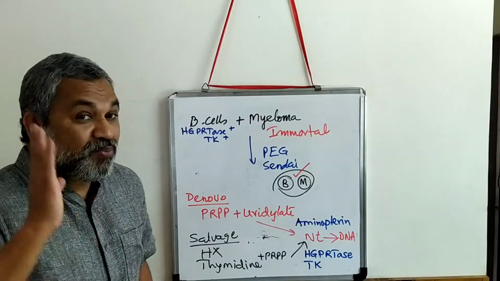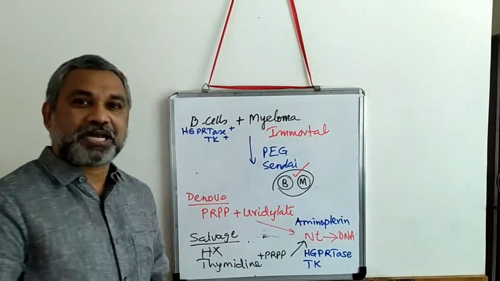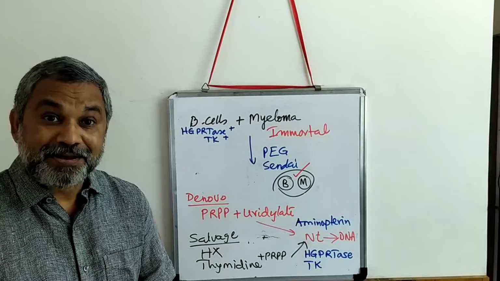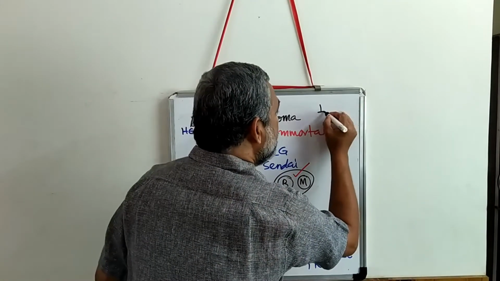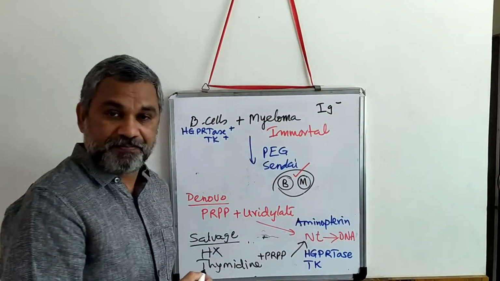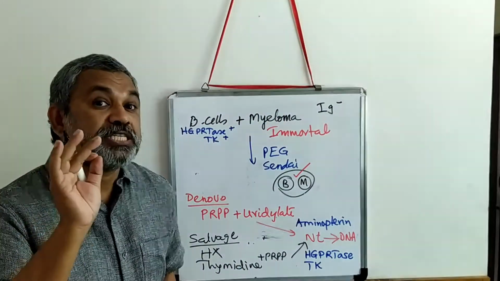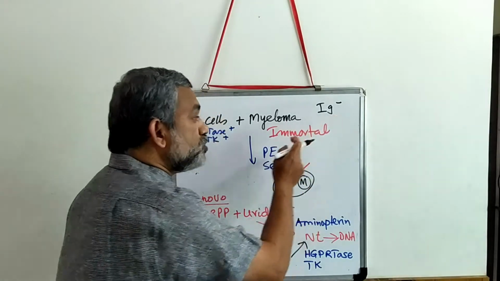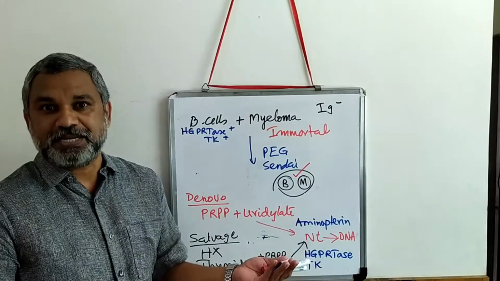Now, therefore, in order to ensure there is no cross-contamination, the myeloma cells should be immunoglobulin negative. They should not produce immunoglobulins. If it produces immunoglobulins, there is a possibility that you will get hybrid immunoglobulins.